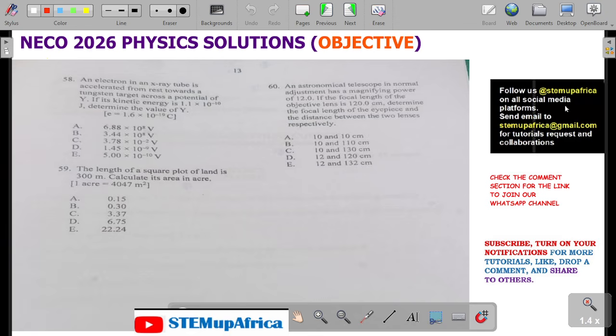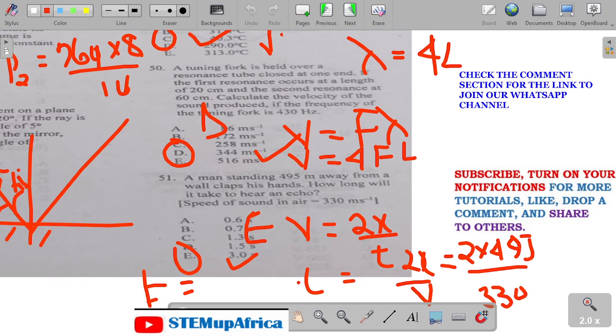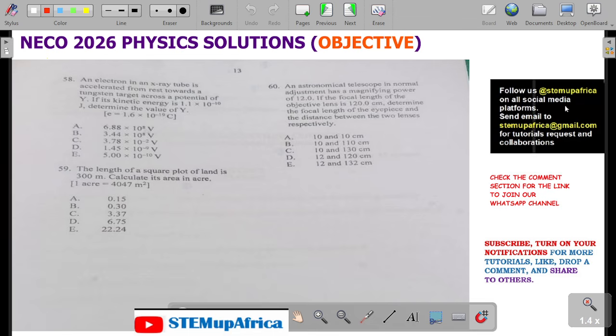So let's go to, okay, I can't find the others. Let's have 58 to 60. An electron in the ray tube is accelerated with the same potential. Kinetic energy determines this.